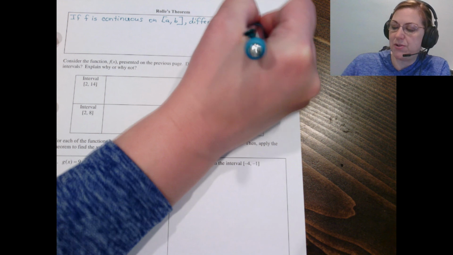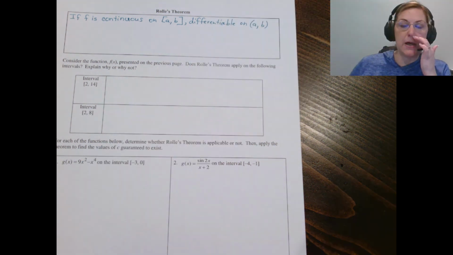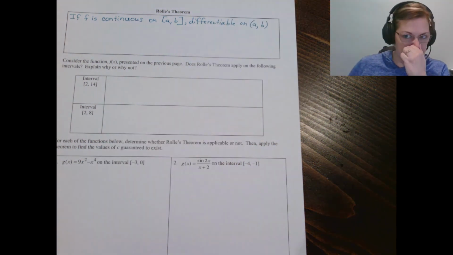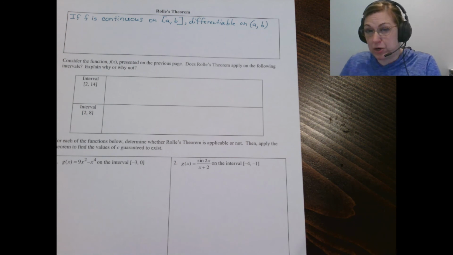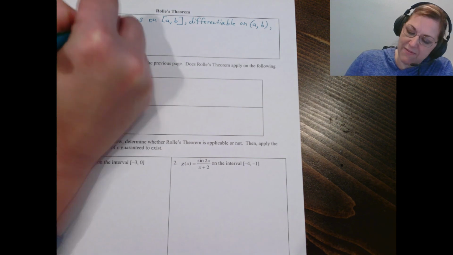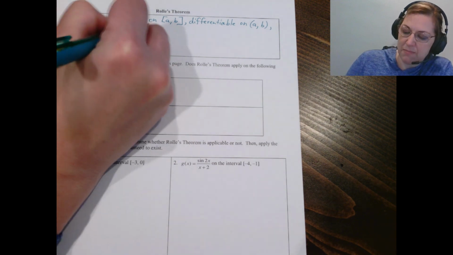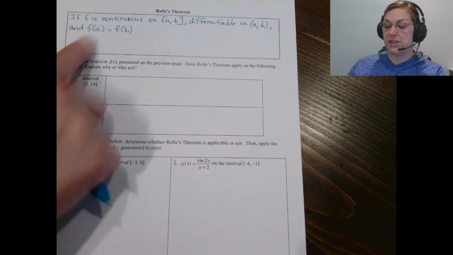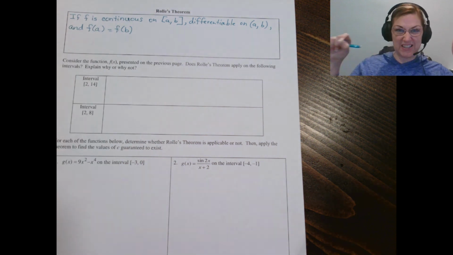So that means no holes, no jumps, no discontinuities, no cusps, no sharp turns. And one more condition, f of a equals f of b. Remember, those are our y values. So we're saying the endpoints have to be the same y value.